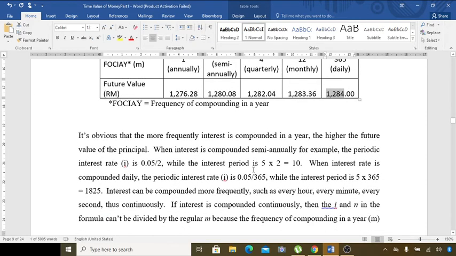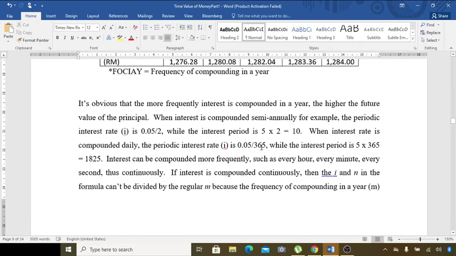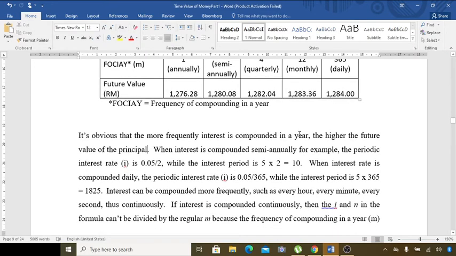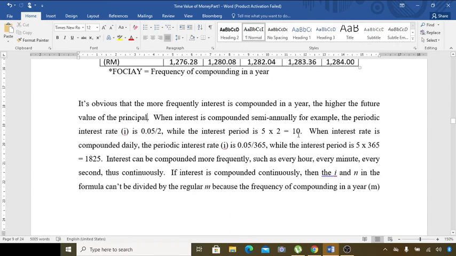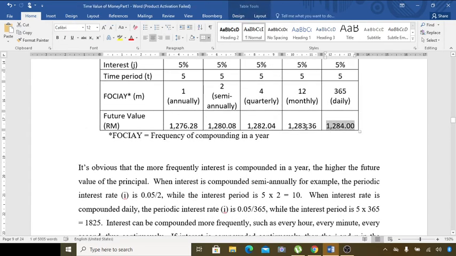Of course, the more frequently interest is compounded, the higher the future value. But notice that it increases at a reducing marginal increment. If you look at the daily, it's 1284, which is an increase of only a few cents compared to 1283.36.